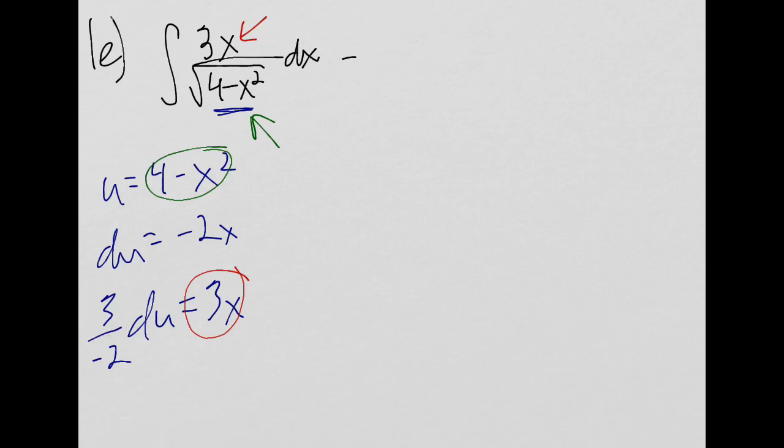So my substitution is going to make this equal to the integral. I'm going to put this term out front, so that gives me a minus 3 over 2, of du over root u, which I'm going to rewrite as minus 3 over 2 integral of, you might know this integral right off the bat, right?